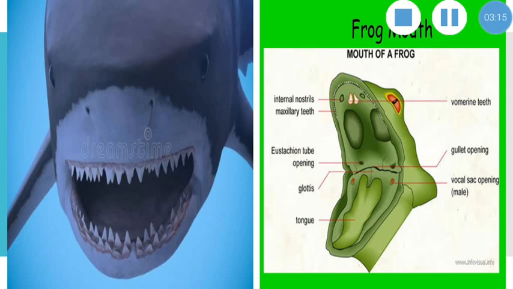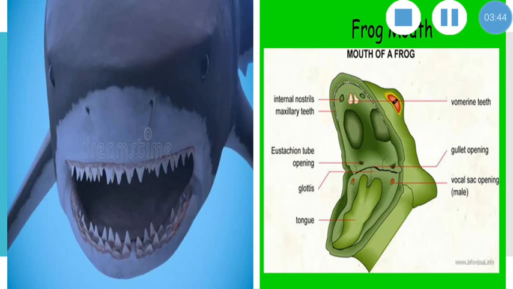So the mouth of Scoliodon is ventral in position, crescent in shape, and leads to the buccal cavity. The buccal cavity is wide laterally but low dorso-ventrally. In Scoliodon, teeth occur in more than one row in both the jaws. Here you can see the teeth. They are very sharp.